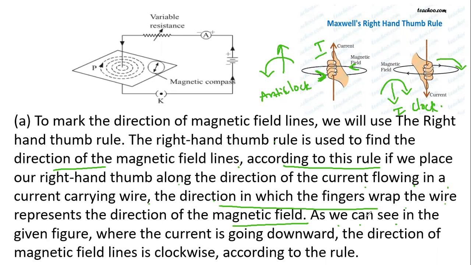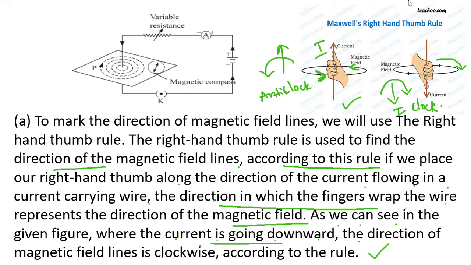As we can see in the given figure, where the current is going down, the direction of magnetic field lines is clockwise. Yes, where the current is going down, magnetic field lines are clockwise. Okay, according to the rule. Understood?